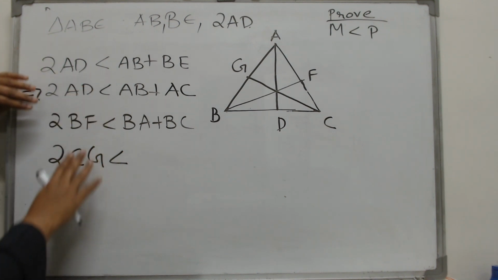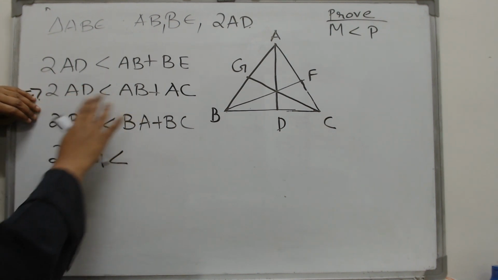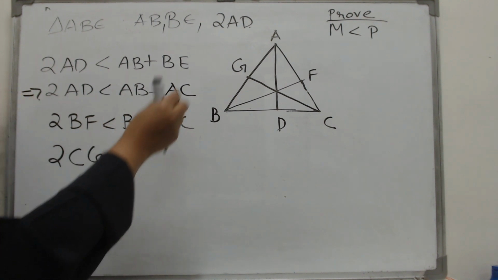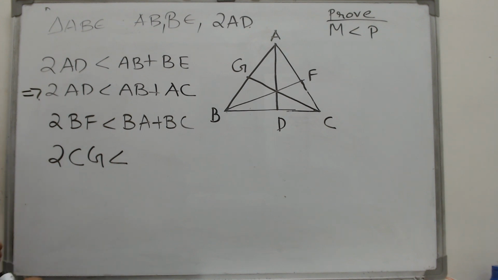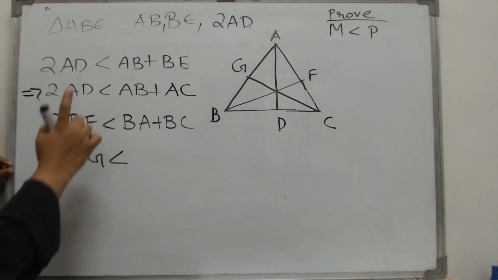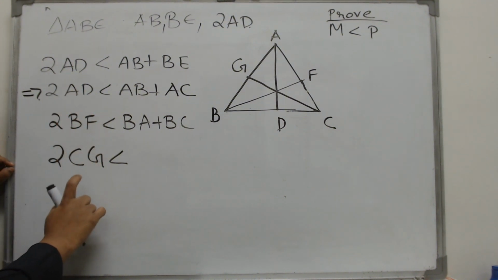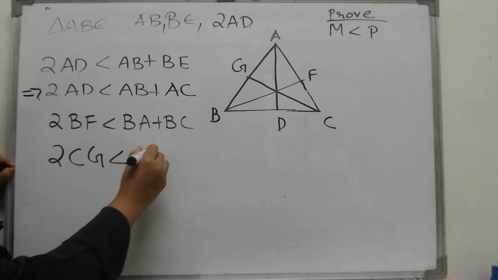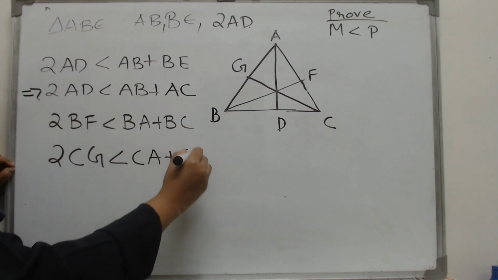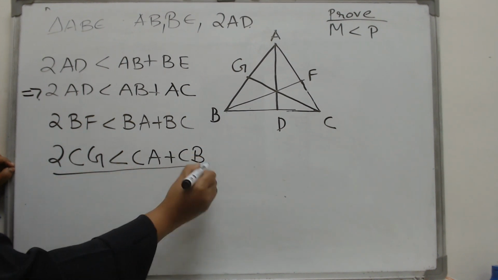We can see the pattern here, right? Each one of these inequalities deals with one particular vertex and the line segments passing through it, the median through it, and the two sides of the triangle through it. So here it was A, here it is B, and here it is C. You have the median passing through it and the two sides touching it. So these are the results we are dealing with.